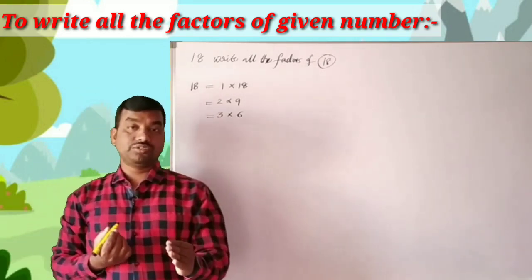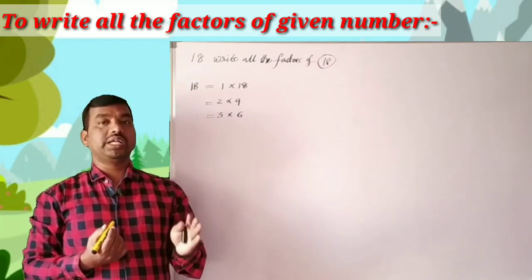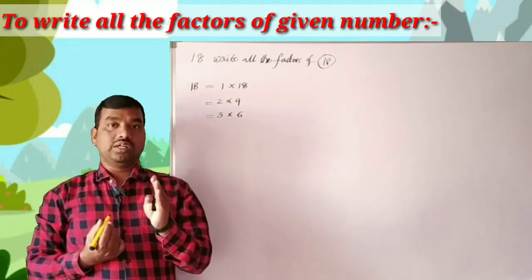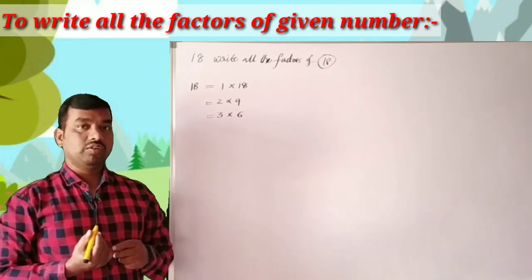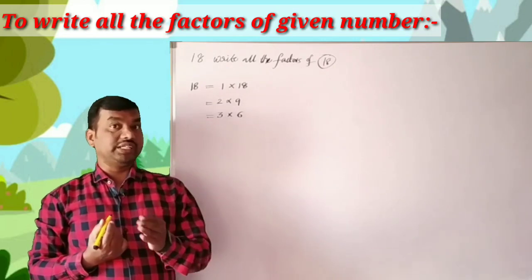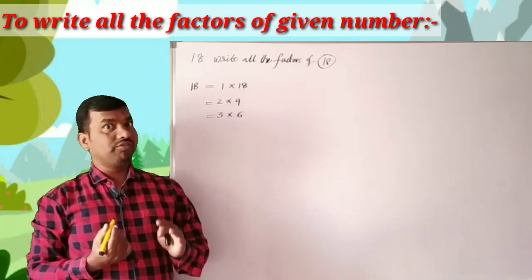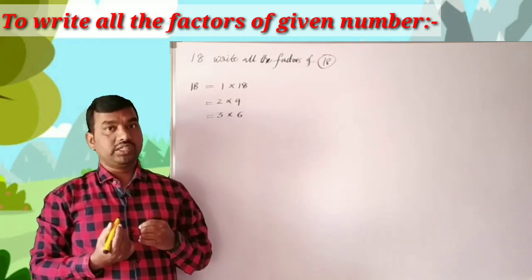Like this we have to go one by one. You take the number and check in the table whether the given number is there or not. In the fourth table, can you get 18? No. 4 4s are 16, 4 5s are 20. So 18 we are not getting.